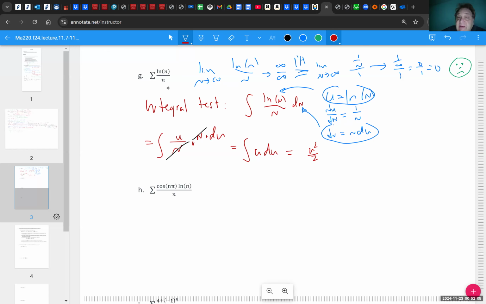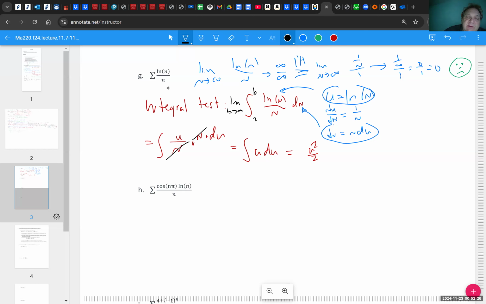We do have to take the limit of this thing to see what happens, but you can probably notice this thing is going to diverge. So what we're doing here is taking the integral from some number to infinity. So we do a limit as b goes to infinity. We can do any number to b.